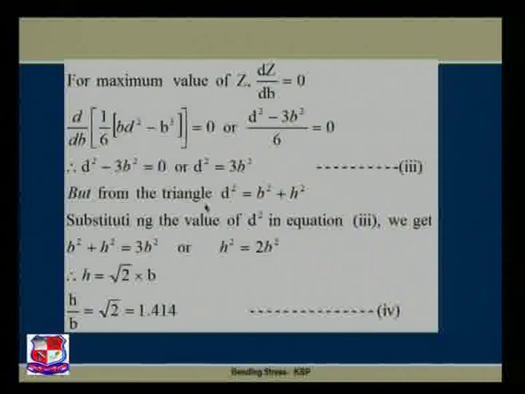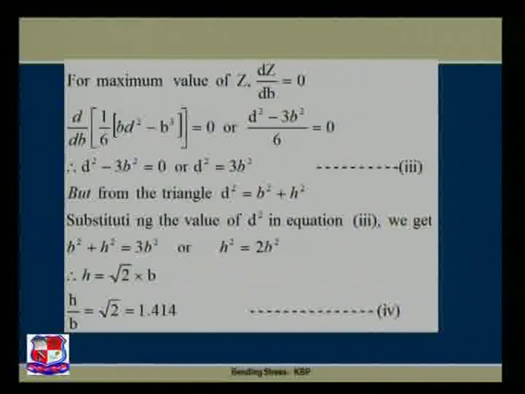But from the triangle using Pythagoras, we know d square is equal to B square plus H square. Replacing the value of d square, B square plus H square is equal to 3B square, so H square is equal to 2B square, so H is equal to root 2 times B. So the H by B ratio is equal to root 2.